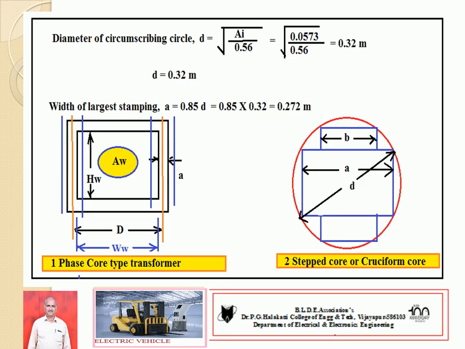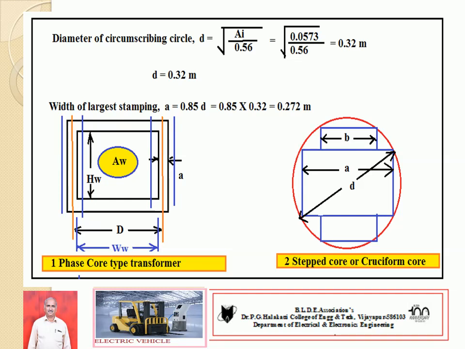Now you understand from the diagram that it uses a two-stepped core. What type of core? They will ask in the examination. It may be three-stepped, it may be four-stepped later on. Now you understand one problem very thoroughly. Knowing the area of iron, it is very easy to calculate the diameter of the circumscribing circle.